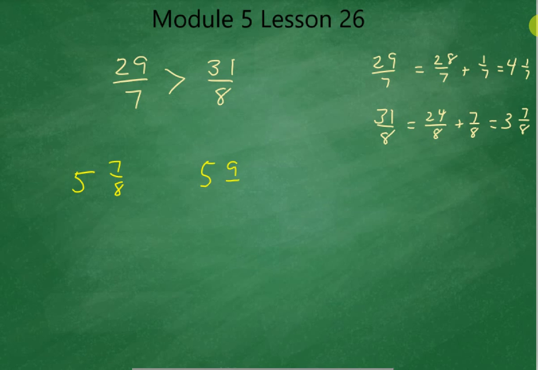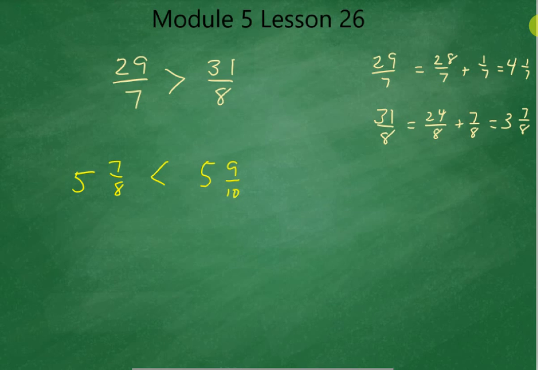We can use our benchmarks to tell us that, wait a minute, they're both one piece away from being 6, but it has to be the 9 tenths, and how would we know that? Well, they're both one away from a whole number, from 6, but we know that tenths are smaller than eighths, so it's going to be closer.